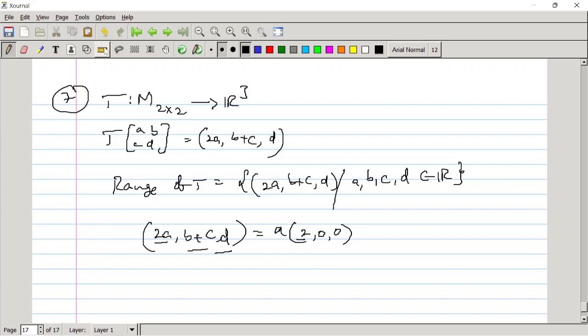Similarly the element is the sum of b times 0 comma 1 comma 0 plus c times 0 comma 1 comma 0 plus d times 0 comma 0 comma 1. You can check this easily.